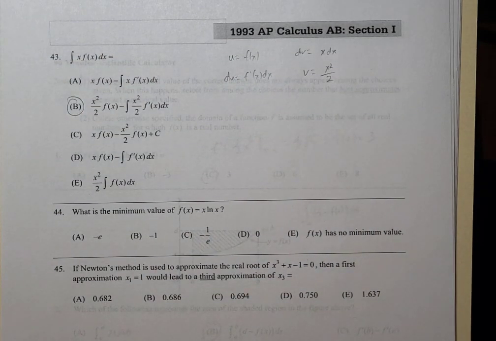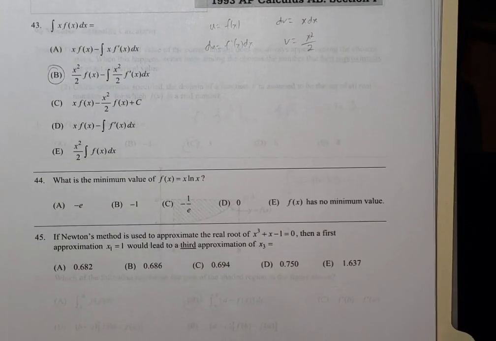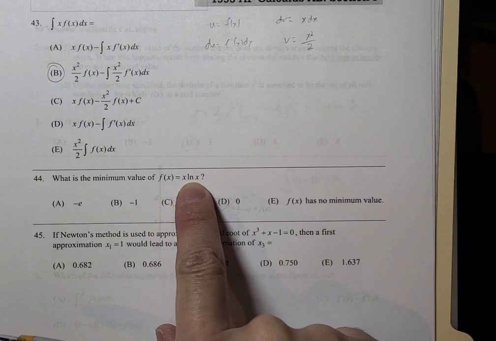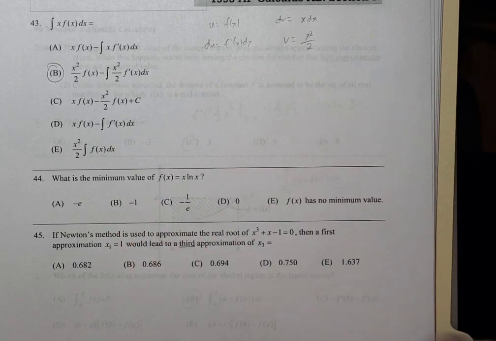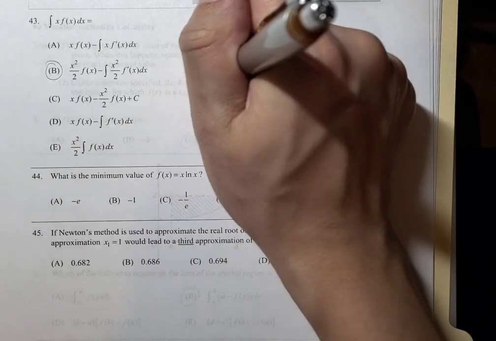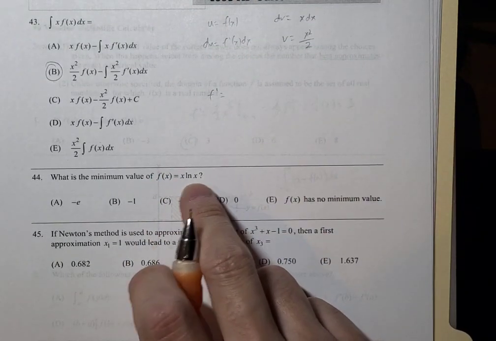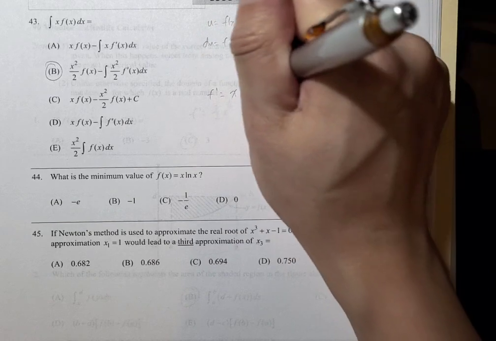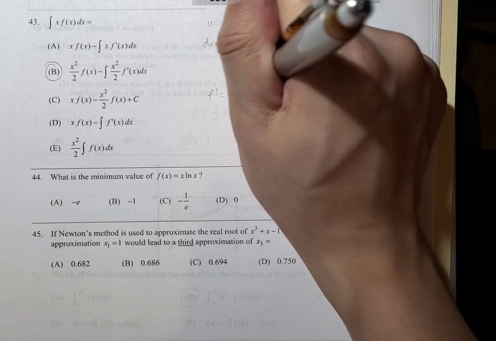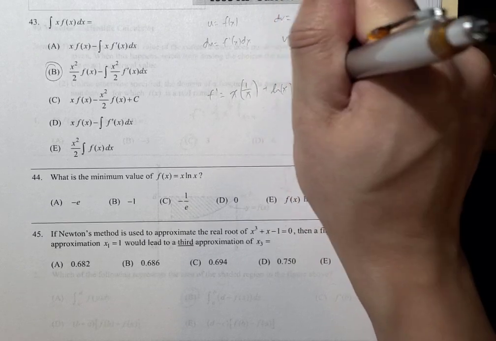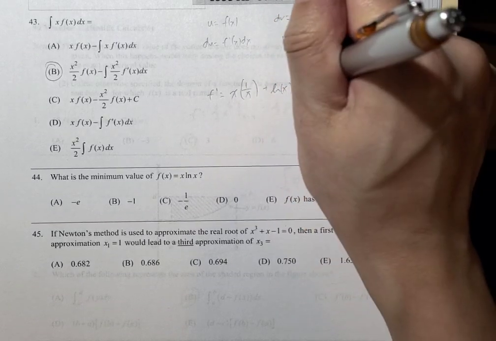Next, 44. What is the minimum value of f of x equals x ln x? Minimum value, let's take the derivative. Okay, so I'm going to do it up here. f prime would be, we need the product rule. Well, first times the derivative of the second plus the second times the derivative of the first. So first, x times the derivative of ln x, which is 1 over x, plus the second, ln x, times the derivative of x, which is just 1.